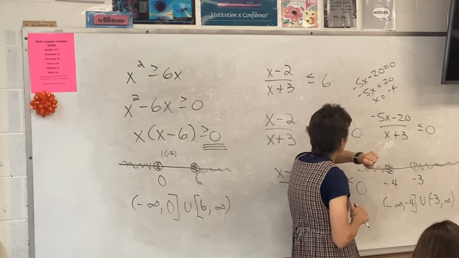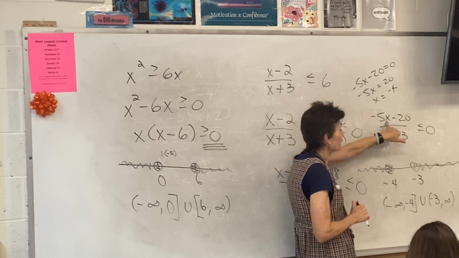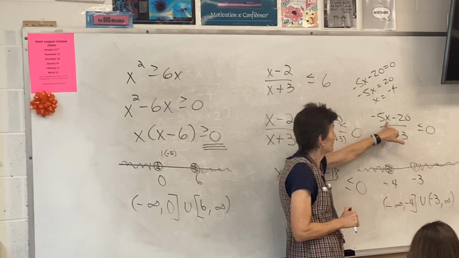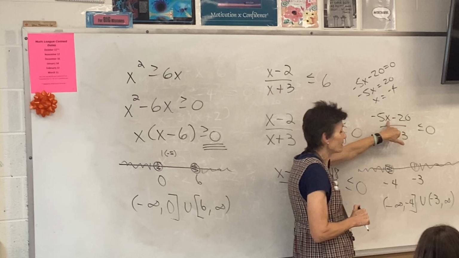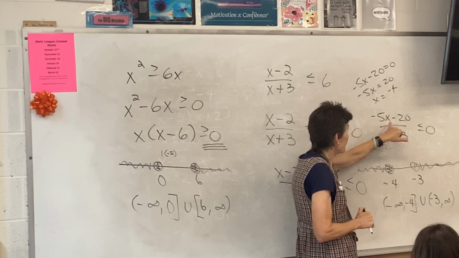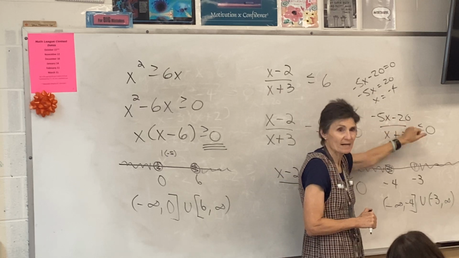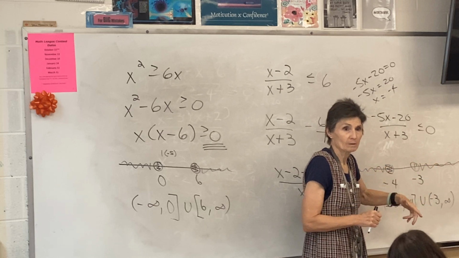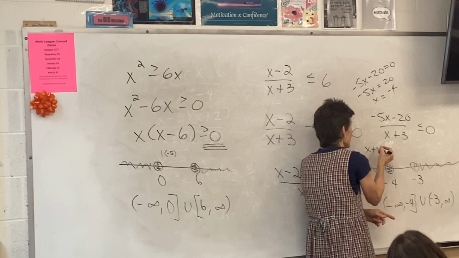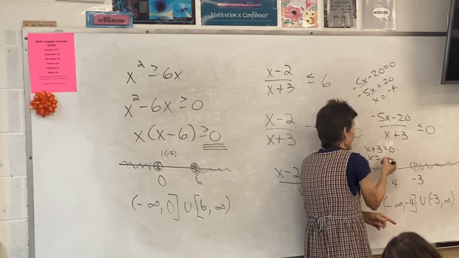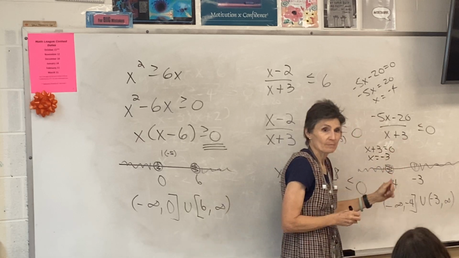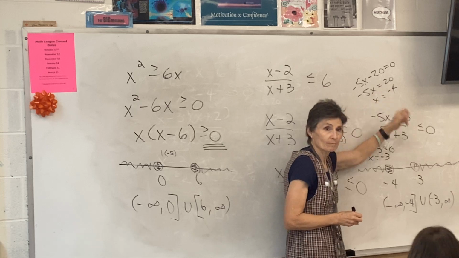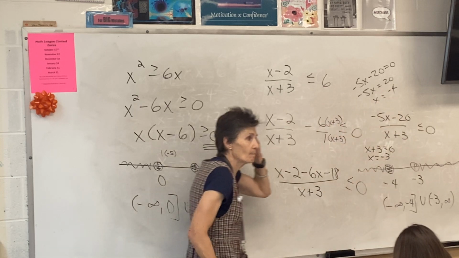No. If you put positive 4 in here, you get negative 20 minus 20, and that's not 0. It has to equal 0. Just like x plus 3 has to be 0, that's how we get negative 3. So solve it out. It's confusing like that.